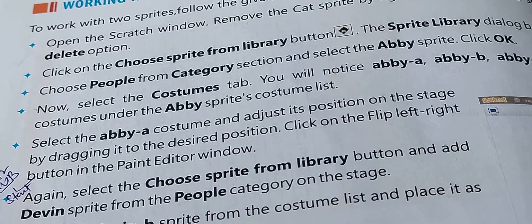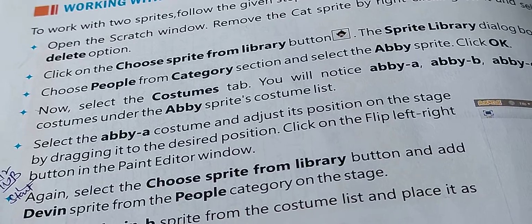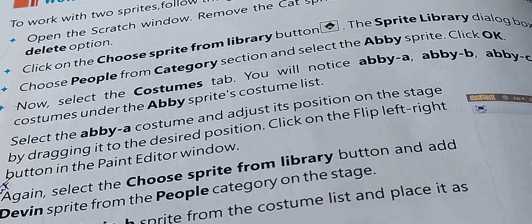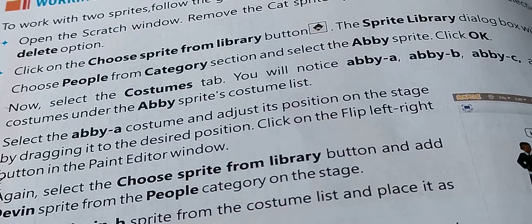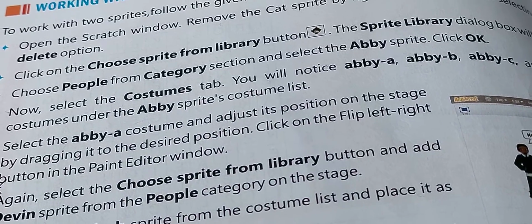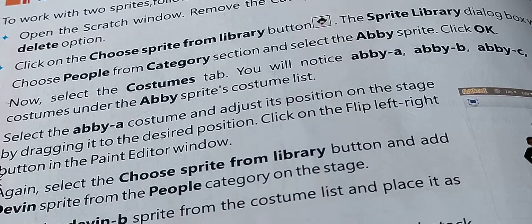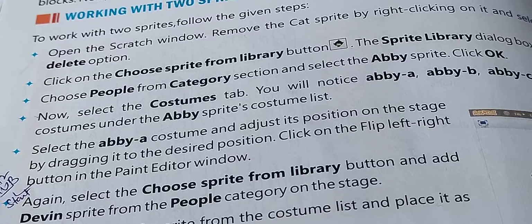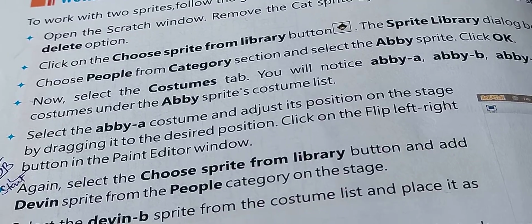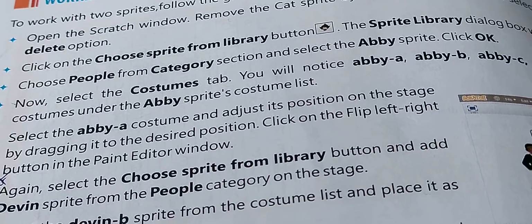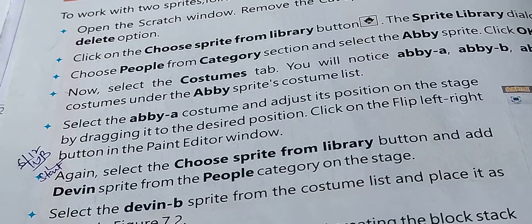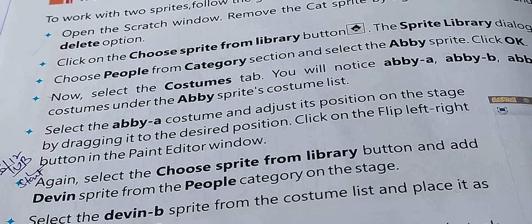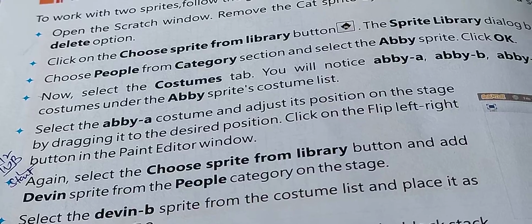And then, for example, in your book, there is a sprite named AB. We want to insert the AB sprite. Then what do we need to do? First we need to select the AB sprite, and then we click OK. And where is this AB sprite available? It is available in the library section. Now we need to customize the clothes of the AB.